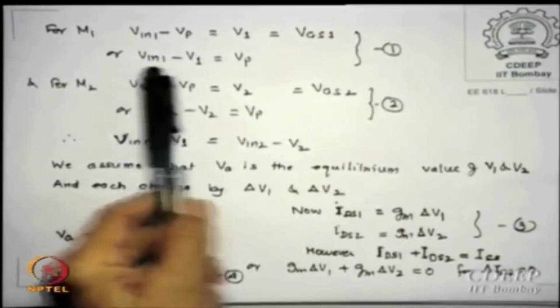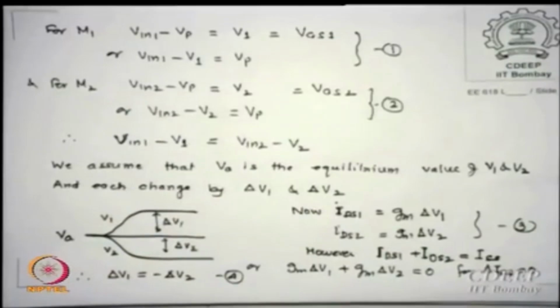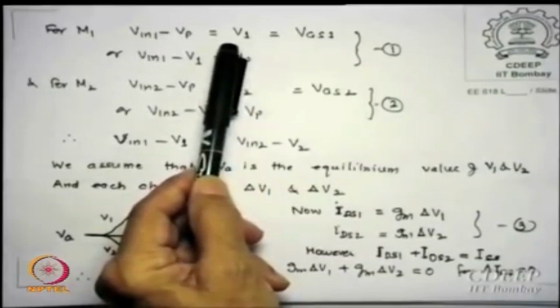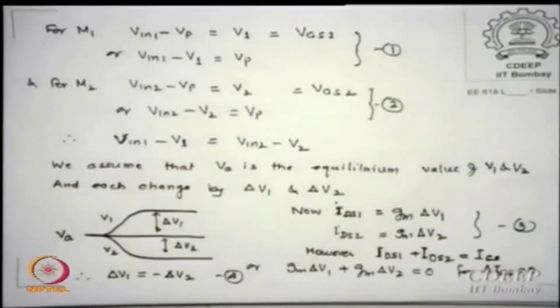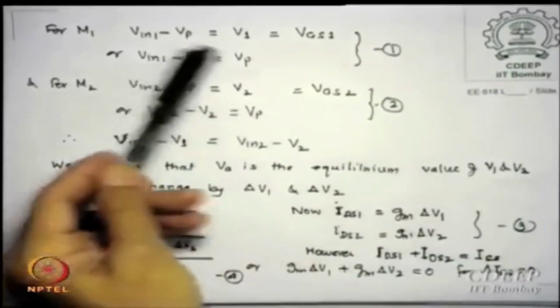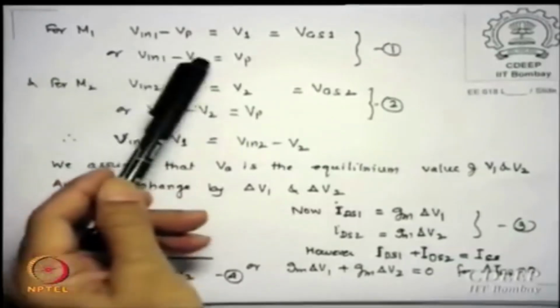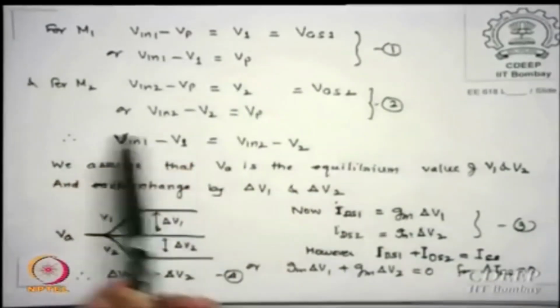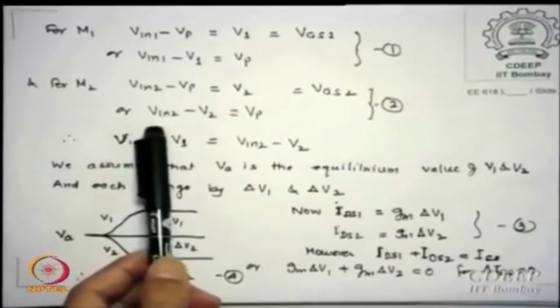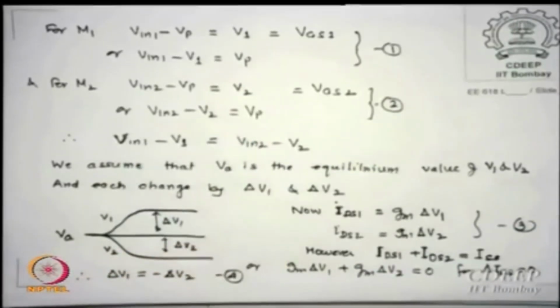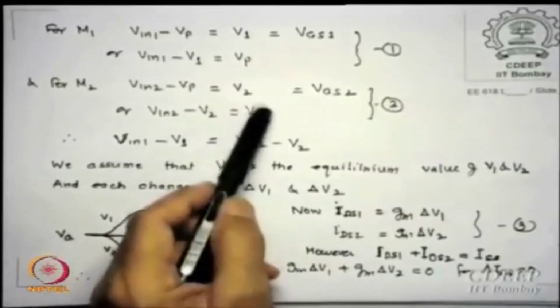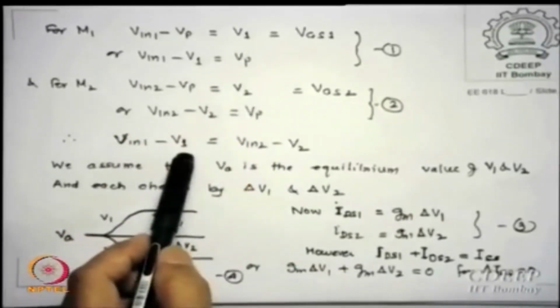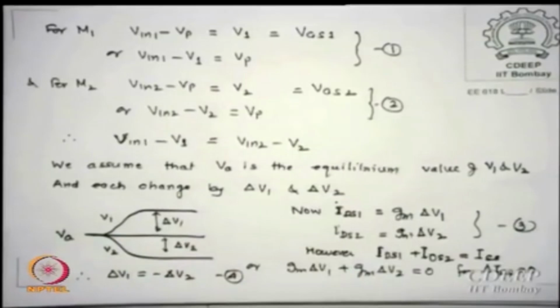Vn1 minus Vp is Vgs for the transistor, so I say Vn1 minus V1 is Vp. For the second transistor by the same argument, Vn2 minus V2 is Vp. Since both are Vp, Vn1 minus V1 is Vn2 minus V2.